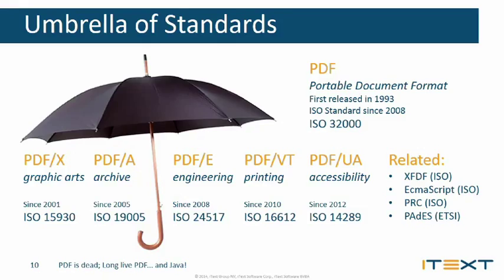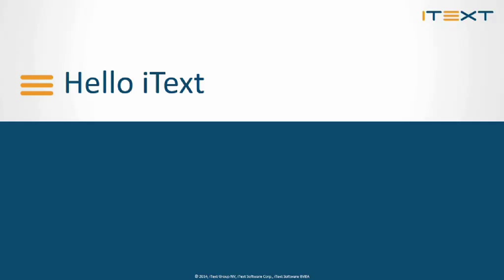And then you have all these other standards like PDF/E for engineering, VT for variable transactions in printing, UA for accessibility, we'll focus on UA later on, and then some related standards that aren't released officially yet, but are in the works: XFDF, ECMAScript, PRC for 3D, and PAdES is released, and I'll have a short word about PAdES later on.